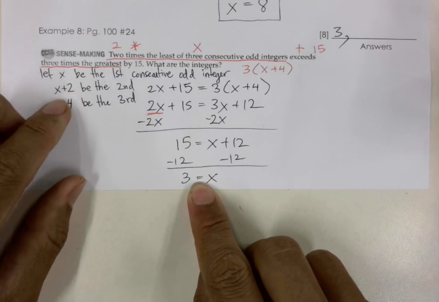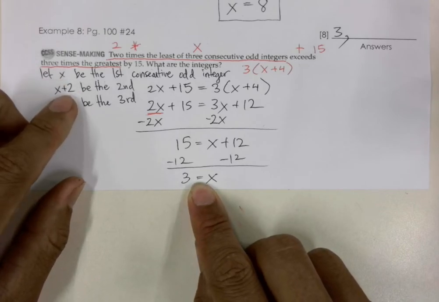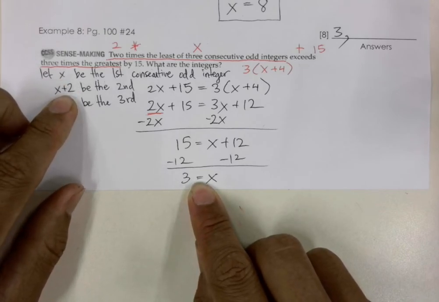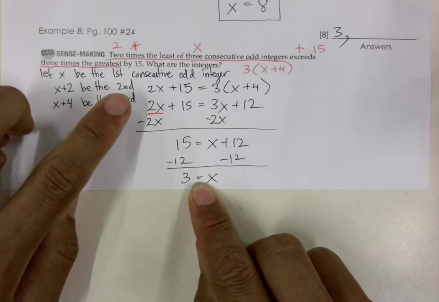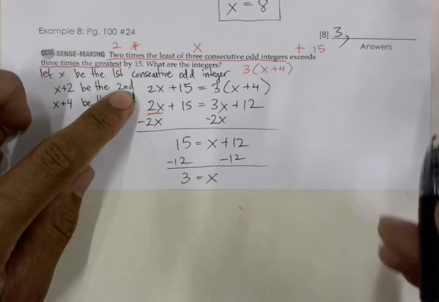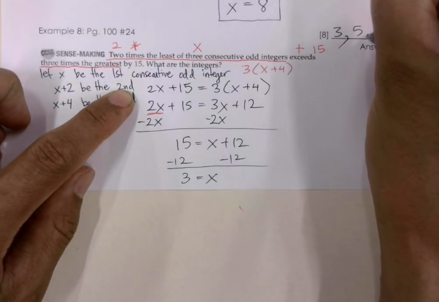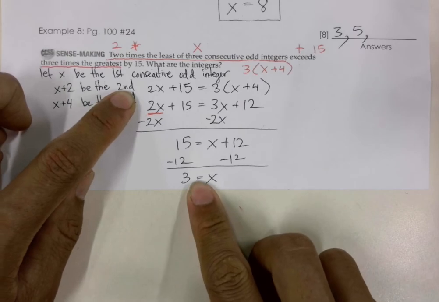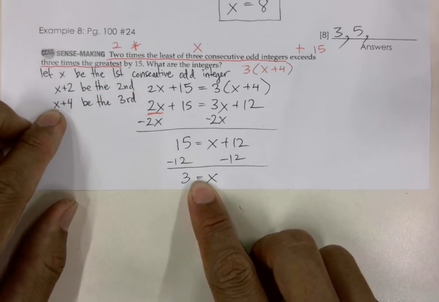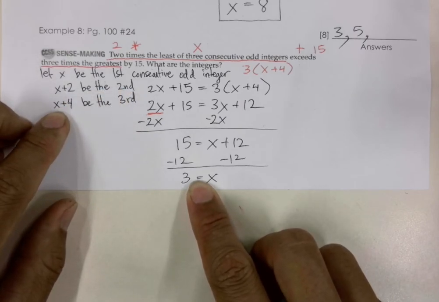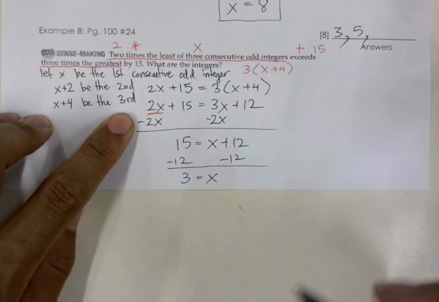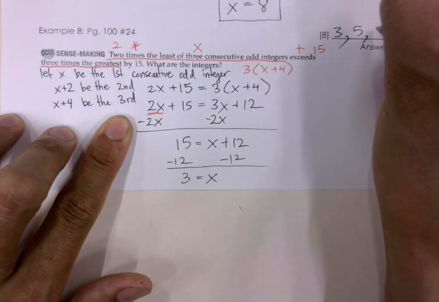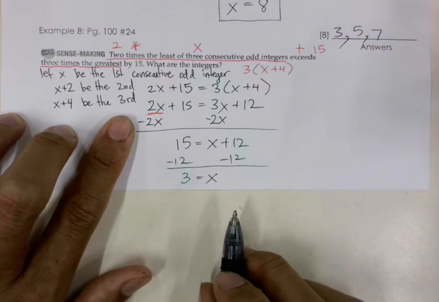If we substitute in 3 instead of x, we find that 3 plus 2 is 5, the second consecutive odd integer. Then if we substitute 3 for x in the third expression, we get 3 plus 4, 7, is the third consecutive odd integer. And we are done.